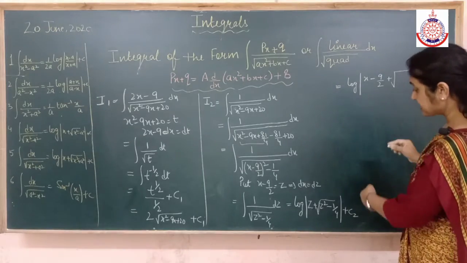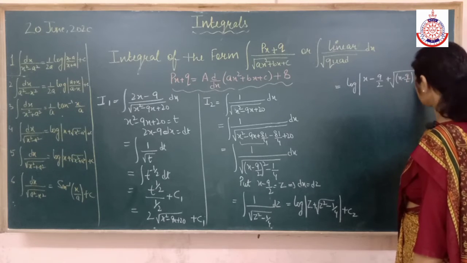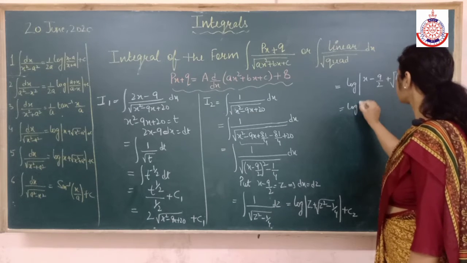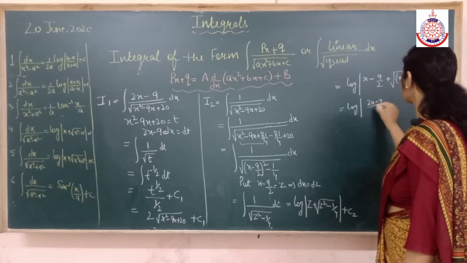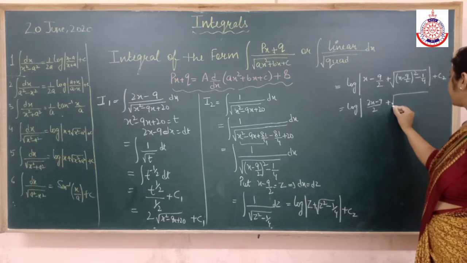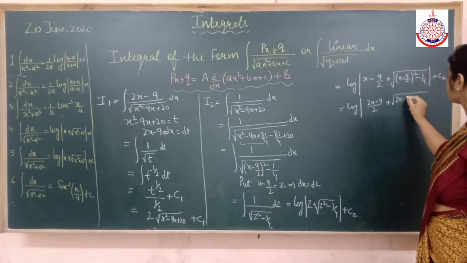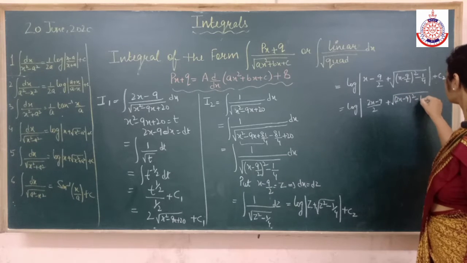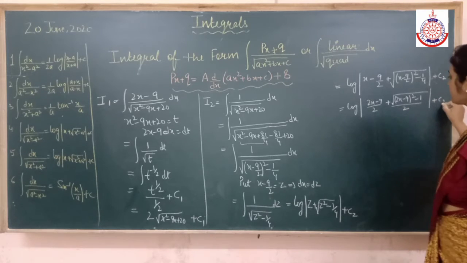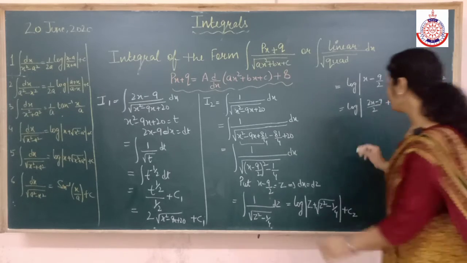X square, z square I have. Solve it. LCM would be taken and I will bring that 2 out. And this 4 will come out, that will become 2. So it will be again log m upon log n. So log m minus log n, that I have already told you number of times.